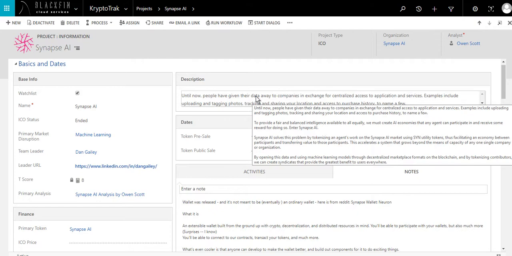Essentially, people for at least the last 10 years or more have been willfully exchanging tremendous amounts of their data, especially with the advent of mobile technology, with some pretty big companies. And in exchange for all that data, they get to use the platform. So obviously, Facebook comes to mind, Amazon comes to mind, Google comes to mind.